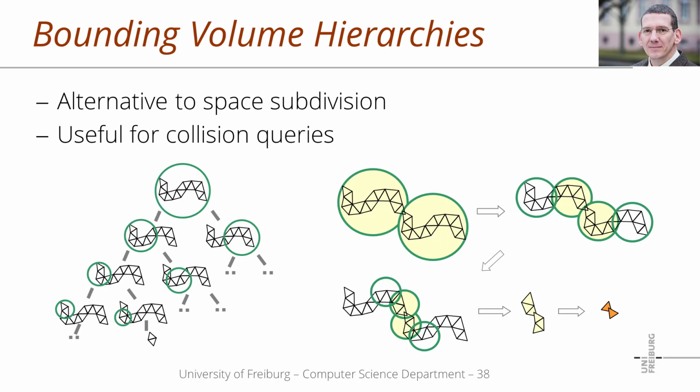In the example, however, the bounding volumes overlap, and therefore we continue our test by considering the children of the two root nodes. Each root node has two children, so we have two bounding volumes in one hierarchy and two bounding volumes in the second hierarchy. And these four bounding volumes are tested against each other. So we have four intersection tests, and in this example we find out that two of the bounding volumes from different hierarchies overlap.